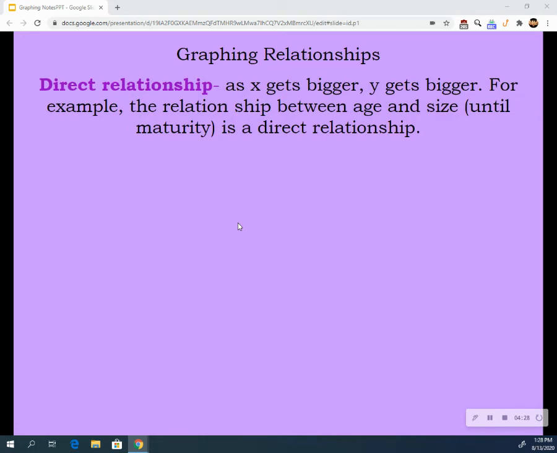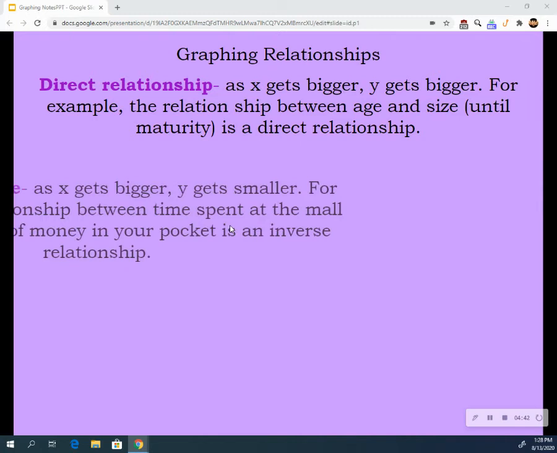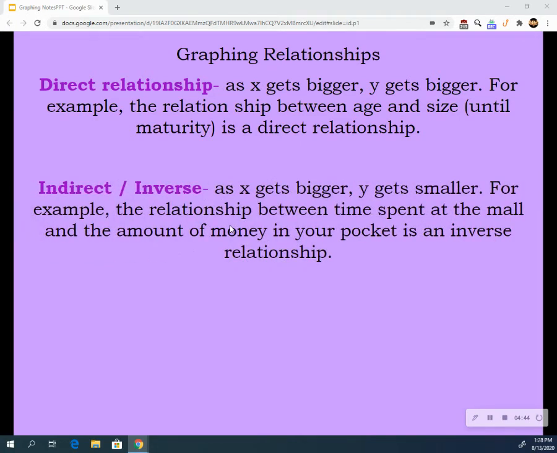A direct relationship is when your x-axis gets bigger, your y-axis gets bigger. That means there is a direct relationship between age and size of a plant or an animal. That is an example of a direct relationship. Indirect means that as the x-axis gets bigger, your y-axis gets smaller.